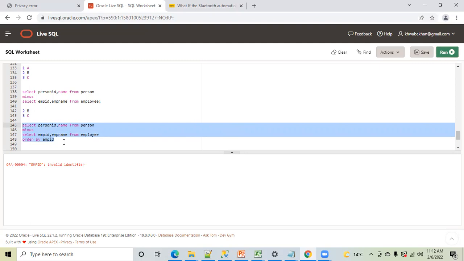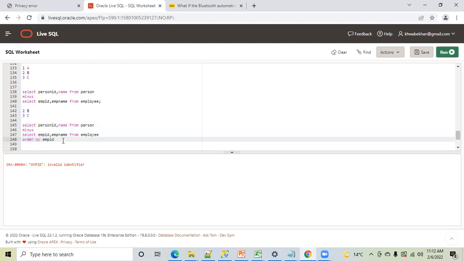Invalid identifier. Why? We are doing minus from the first query, and person ID is not there. Sir, can you please scroll up? Want to see the table? Now, let's try to understand the reason.